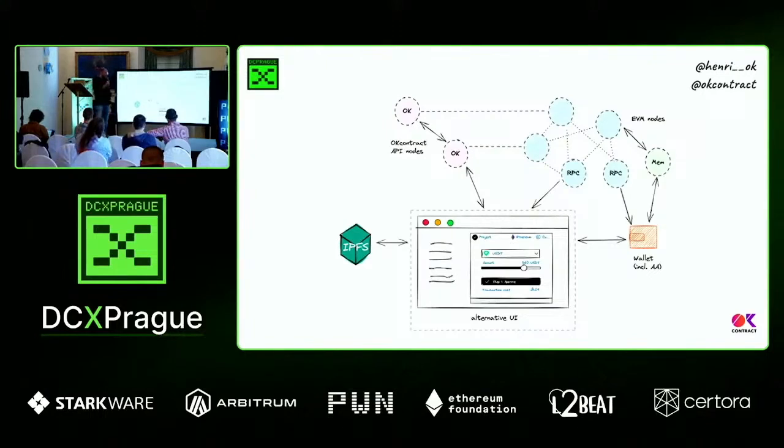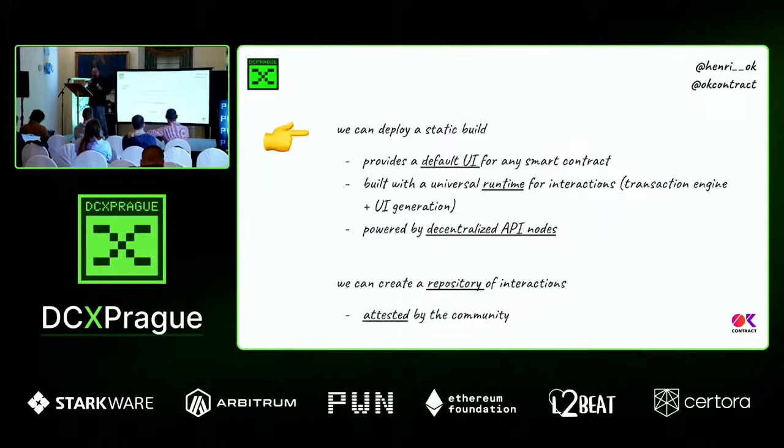I didn't have time today to mention how we can have decentralized API nodes as well for that, but that's definitely a way to do it. So we can deploy these static builds, which can provide alternative UIs, default front ends, using generated UI and universal runtime, and as well decentralize the API nodes.